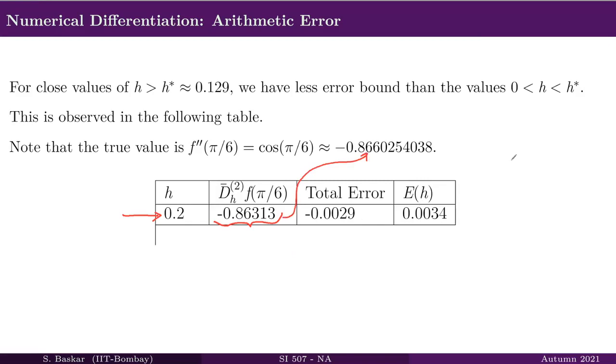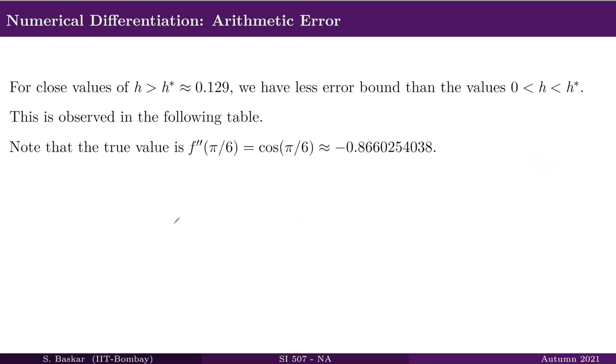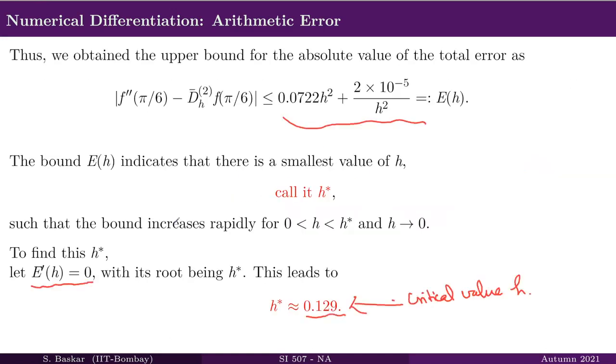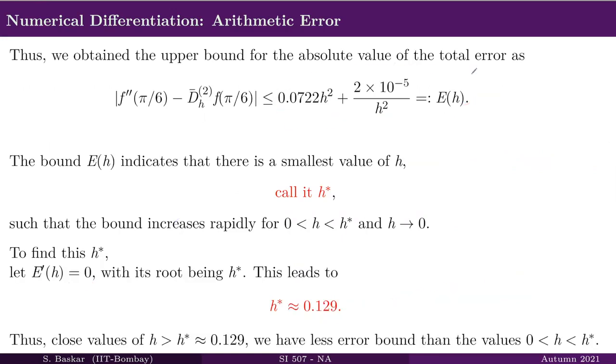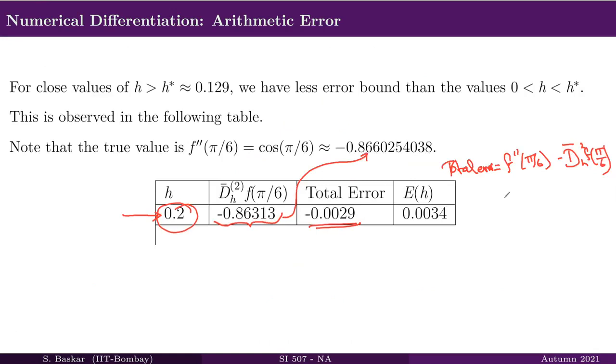So the difference between f double dash of pi by 6 minus d bar 2h f of pi by 6 is what I'm taking as the total error, that is shown here. And whatever h is there, you can just plug in the expression for e of h, that is given like this. And I'm also showing the value of e of h here.